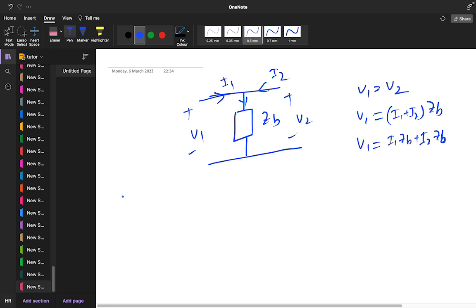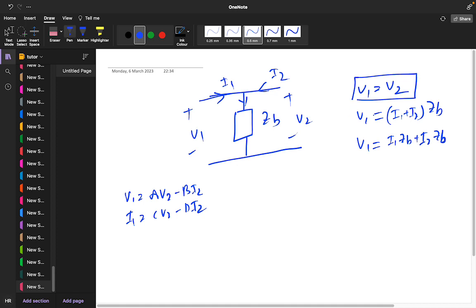But what is the general equation of the ABCD parameter? V1 is equal to A V2 minus B I2, and I1 is equal to C V2 minus D I2. So we can write these equations like this: V1 is equal to V2 minus 0 I2. But we need it in terms of I1.